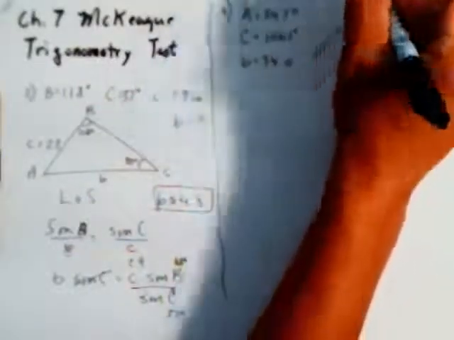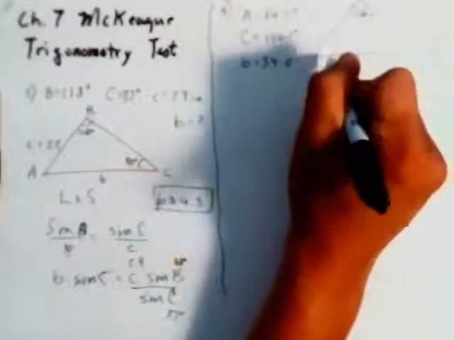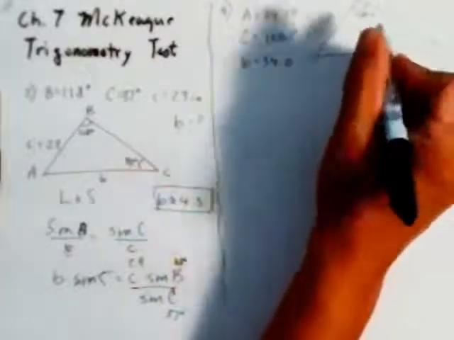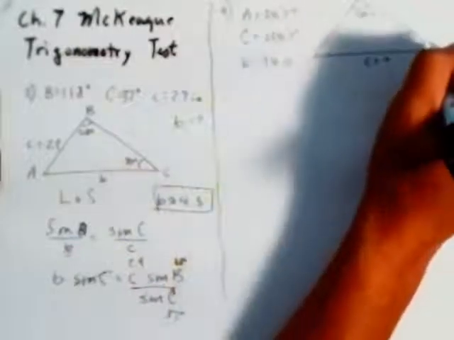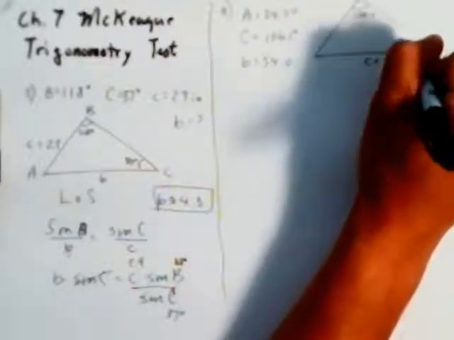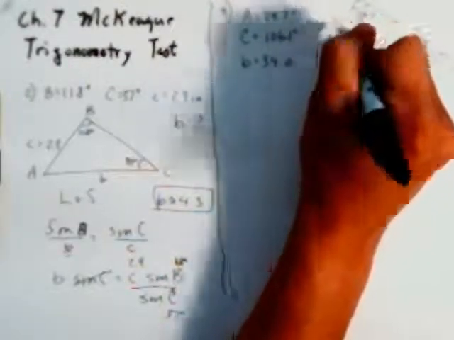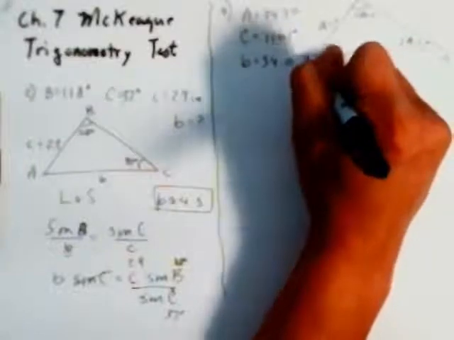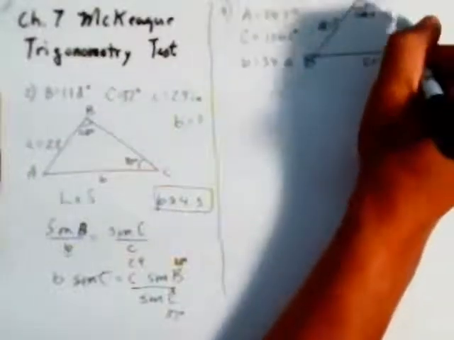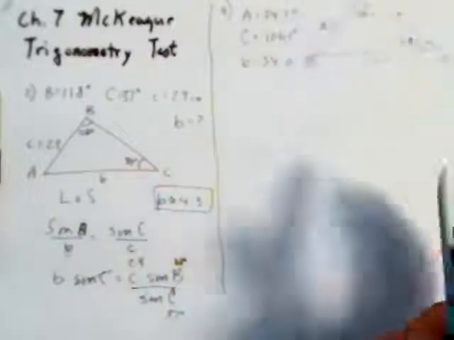I'll label C right there. That's 106.1. That's little c, and that's the smallest angle right over here, so we'll call this A, 24.7, and little a equals what, and that's angle B right there, and we want to figure out what little b equals as well.